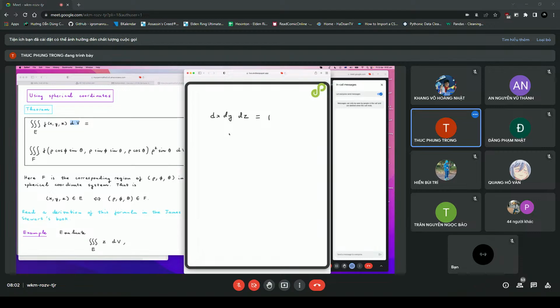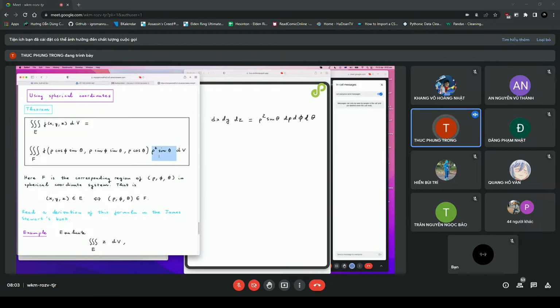In fact, we can prove this change. And in mathematics, we call this the Jacobian of the change from Cartesian coordinates to spherical coordinates. Let me write down that name. You don't need to remember that also.